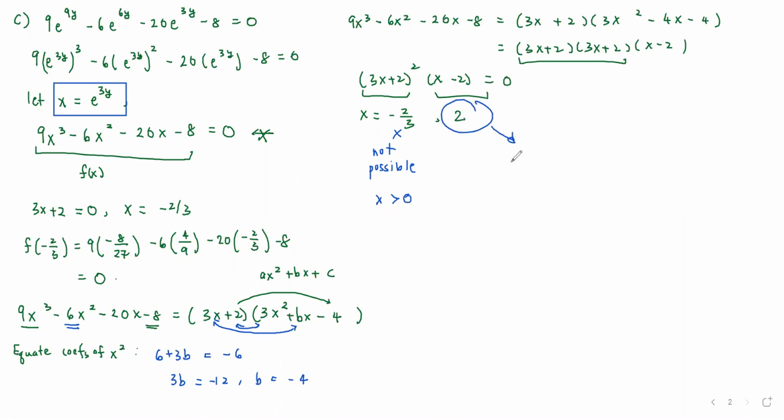So x is 2, then e^(3y) is 2. And in order to isolate y, we take log on both sides. So ln e^(3y) is ln 2, or 3y here is ln 2. Divide by 3, and we have y equals 1/3 ln 2. So this is the exact root of the equation.